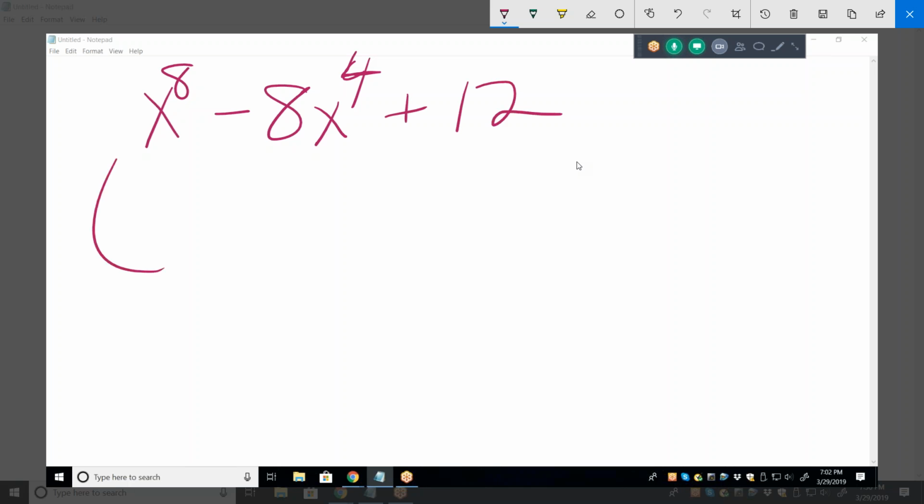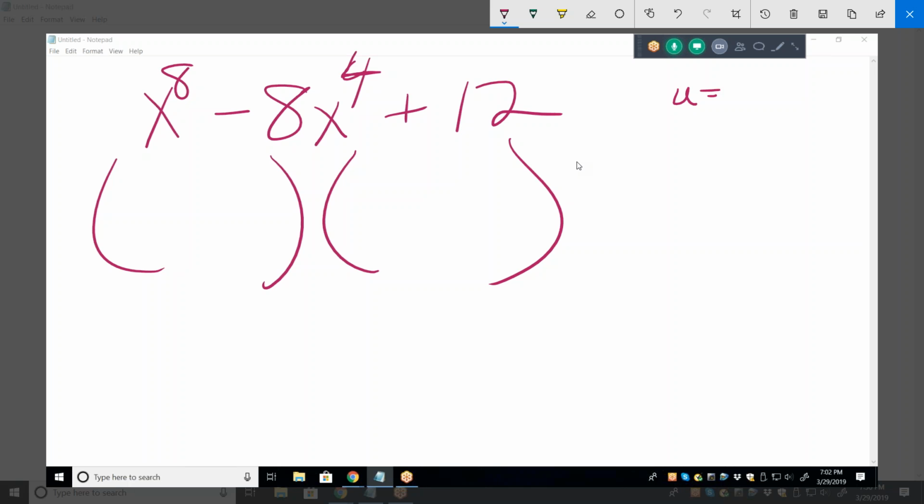So, this is another one of those quadratics in disguise. Now, you can use the substitution method if it makes it look easier to you, but you don't have to. The substitution method would be: I'm going to let u equal the middle one.